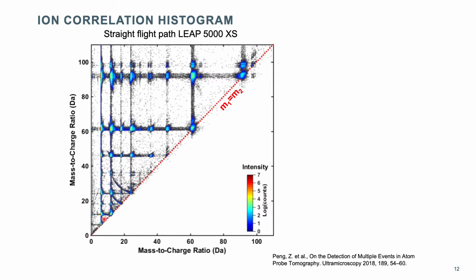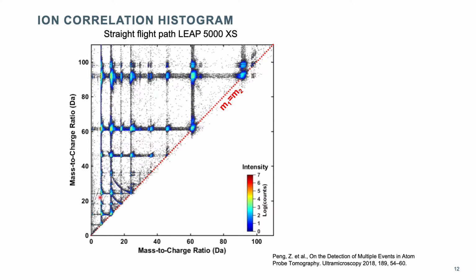So in this analysis of tungsten carbide that Zhirong Peng was pushing, we can have, for example, tungsten and carbon being detected together, and it can be carbon in the 2+ charge state or the 1+ charge state, and tungsten in the 3+ or 2+ charge states. We see these hot spots as being locations where tungsten and carbon often come together.